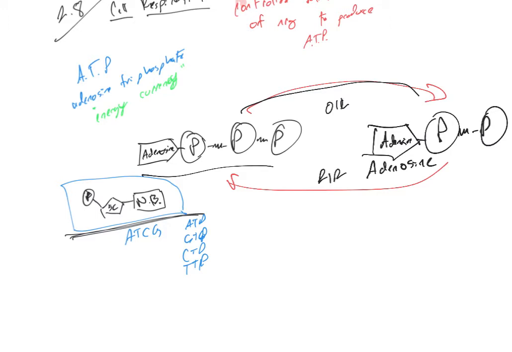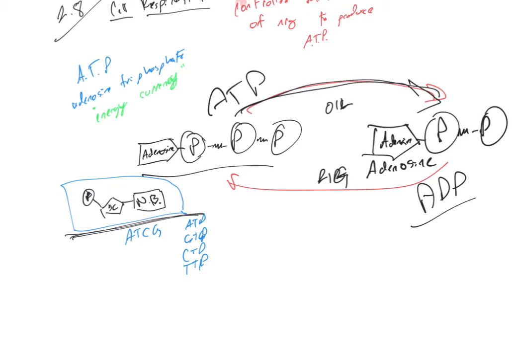Oxidation is loss. Reduction is gain. So ATP is oxidized into ADP, and ADP is reduced to ATP. This is the first section of SL respiration. You just have to know ATP, ADP, okay?